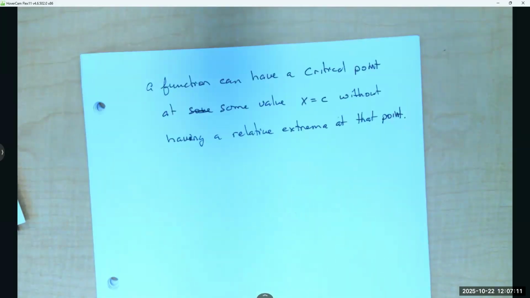A function can have a critical point at some value x equals c without it being a relative extrema at that point.